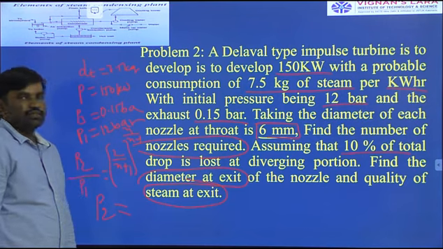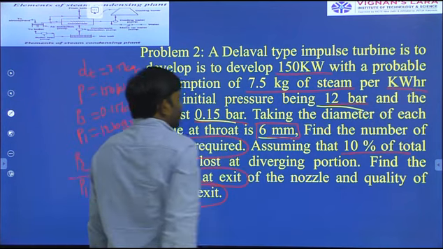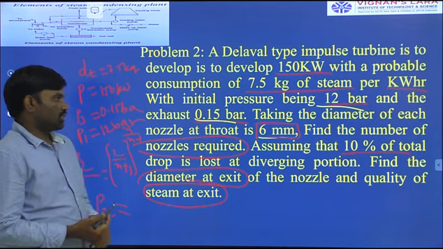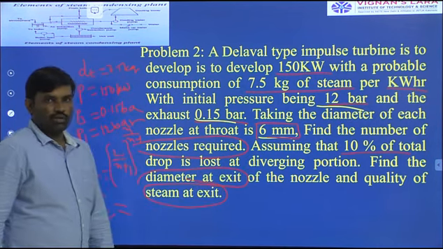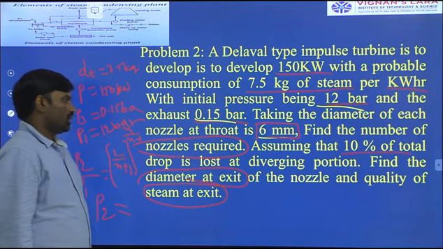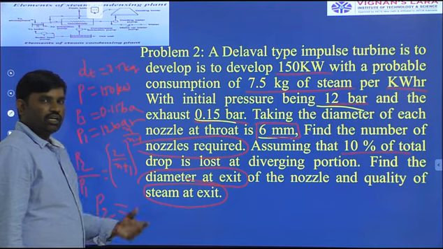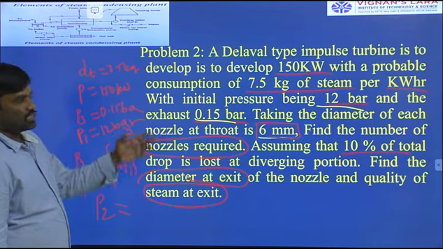The initial pressure of steam is 12 bar and the exit pressure is 0.15 bar. The steam is dry saturated, and the nozzle is a converging diverging type with a throat diameter of 6 mm. We have to determine the number of nozzles required, the diameter at the exit section, and the quality of steam at the exit section. In the present problem, inlet and exit pressures are given.